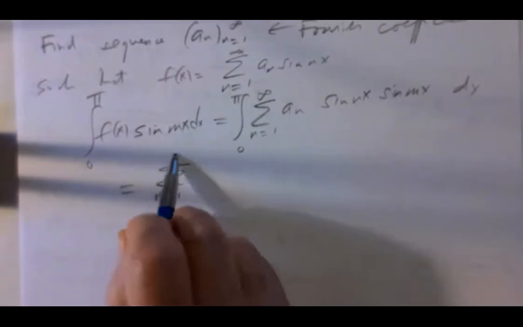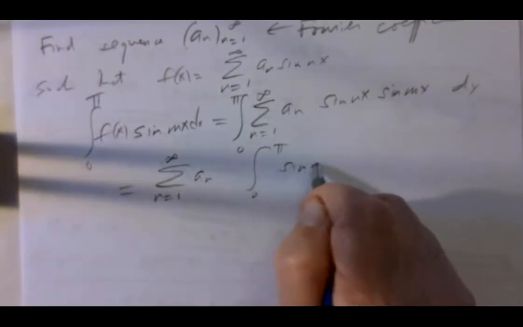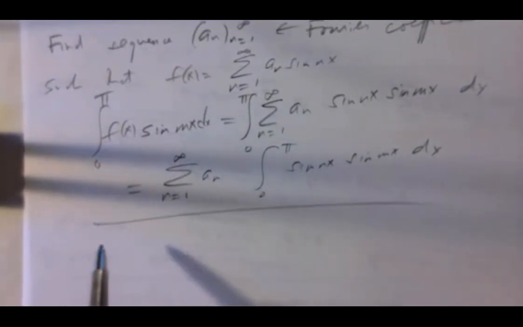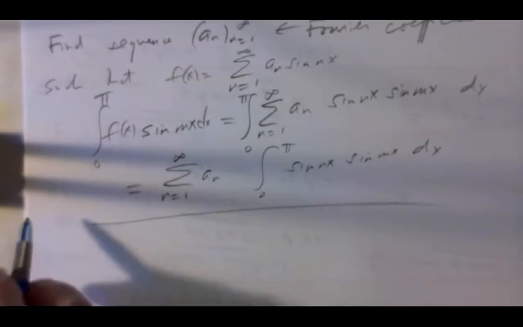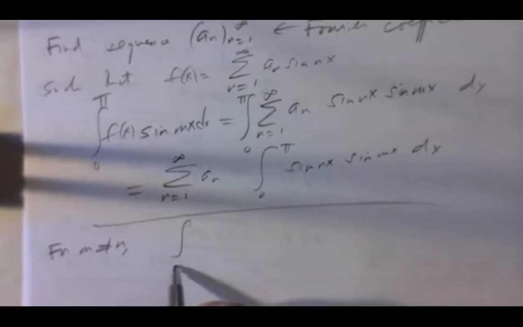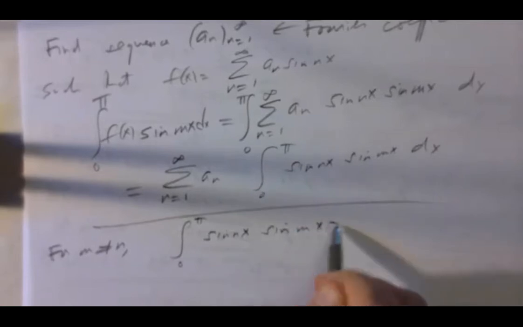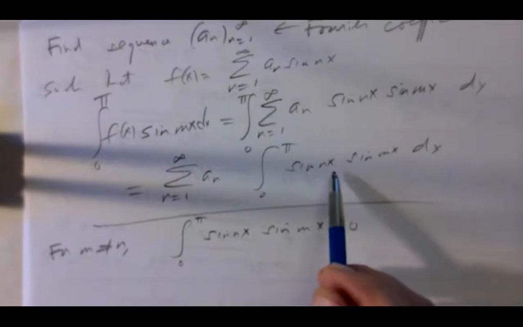You get the summation, n goes from 1 to infinity, a sub n, integral from 0 to pi, sine nx sine mx dx. And then you do a calculus exercise, which is that for m different from n, the integral from 0 to pi of sine nx sine mx is 0. So all but one term here disappears.